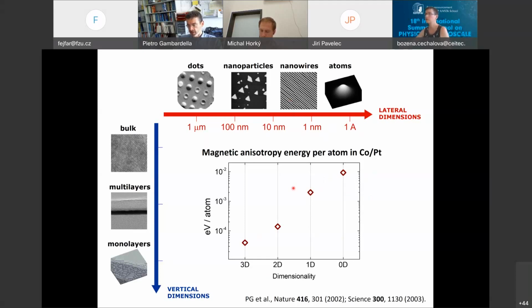This is a monolayer film, and this is a bulk crystal. And this magnetocrystalline anisotropy energy is really important because it is what determines the stability of the magnetization in the system, right? So how hard it is to reverse the magnetization.